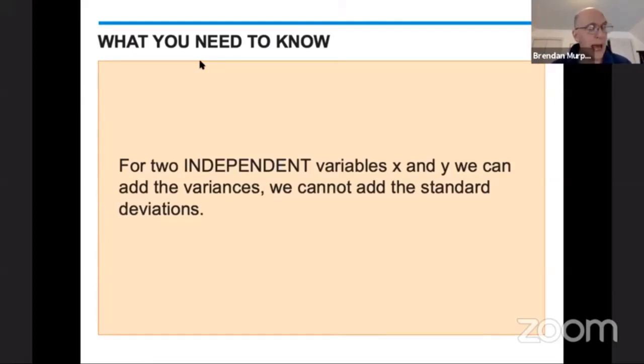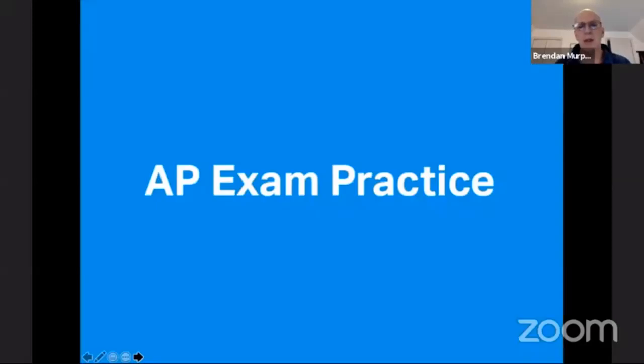So I can add and subtract means. That's logical. I can add variances, assuming my events are independent. I cannot add my standard deviations. I have a couple problems that will hopefully get to that, and it's a little bit difficult for my students at times.